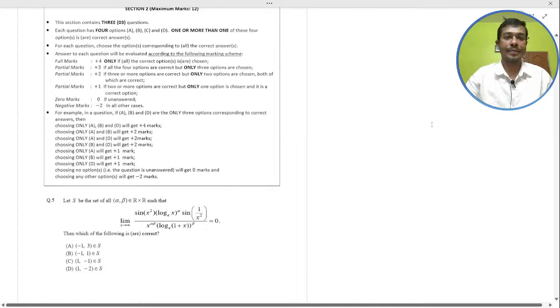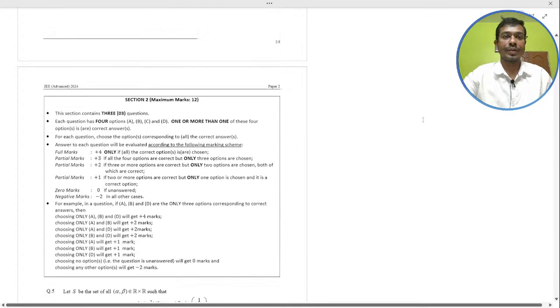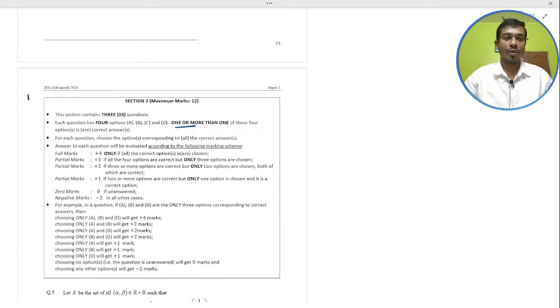Question number 5. MSQ. Section 2. One or more than one is correct.